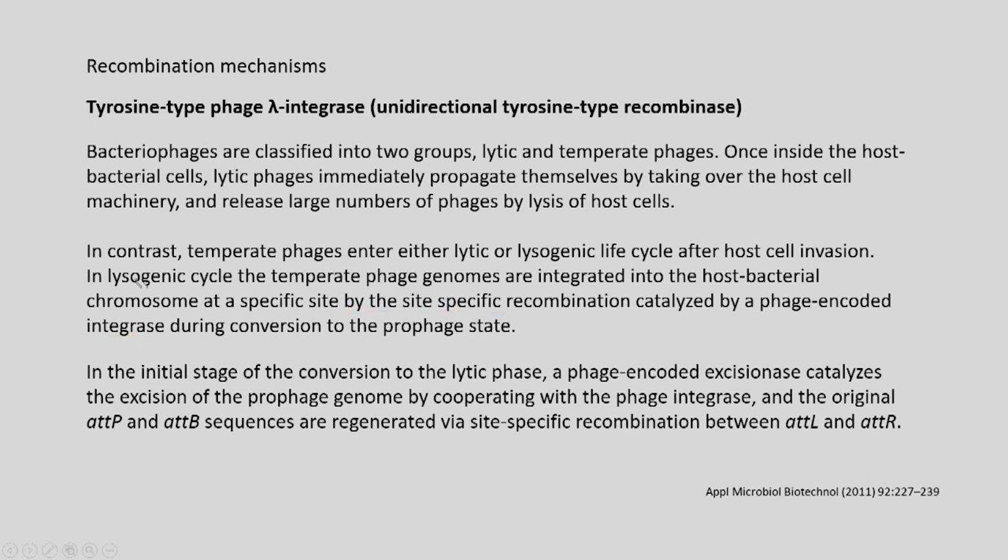In the initial stage of the conversion to the lytic phase, a phage encoded excisionase catalyzes the excision of the prophage genome by cooperating with the phage integrase, and the original ATTP and ATTB sequences are regenerated via site specific recombination between ATTL and ATTR. So, the integrase and the excisionase carry out opposite functions.